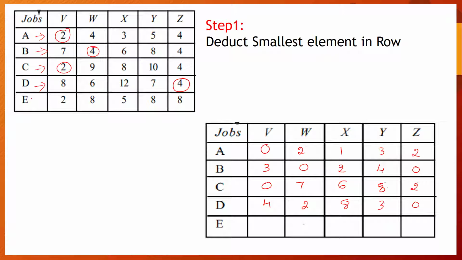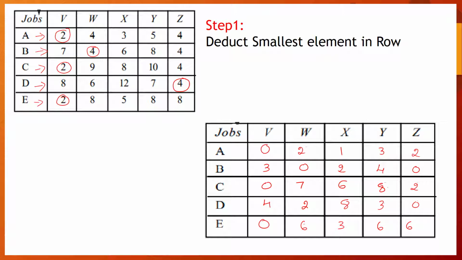And in the last row it is 2. So 0, 6, 3, 6, and again 6. So this is the table which we get after deducting the smallest element in the row.